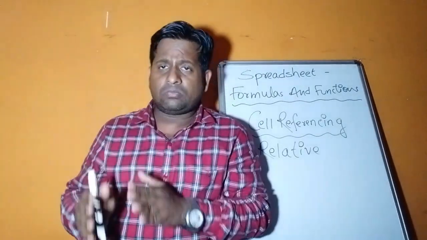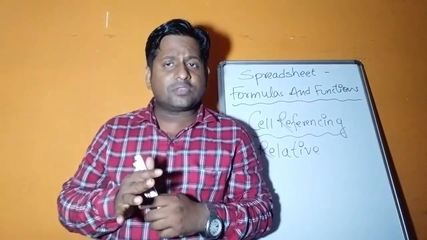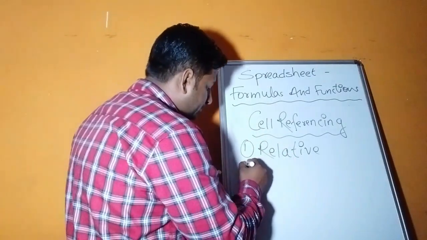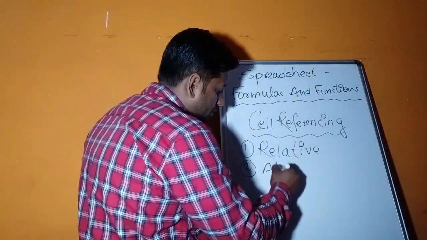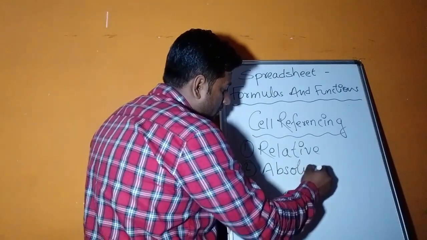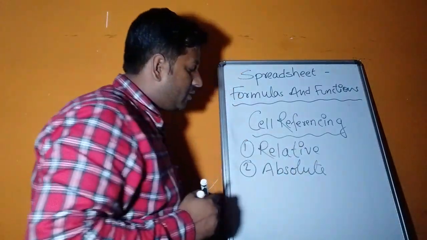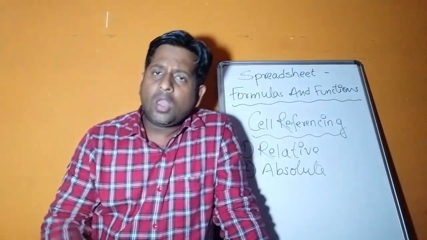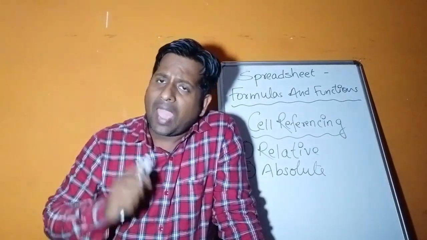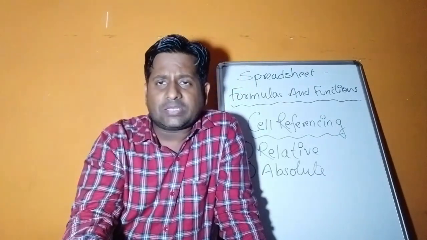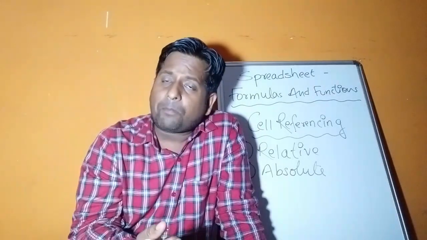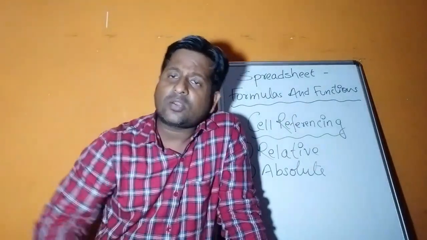Now the next, type 2 of cell referencing, is absolute cell reference. Now what does absolute mean? Absolute means just the opposite of relative. That means both parts of the cell remain constant, remain fixed.